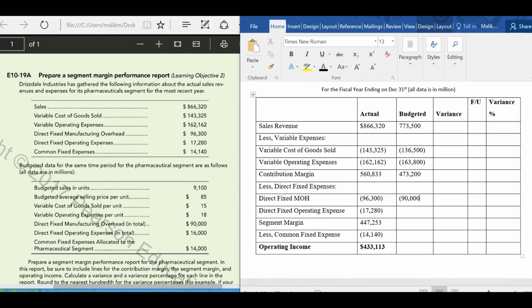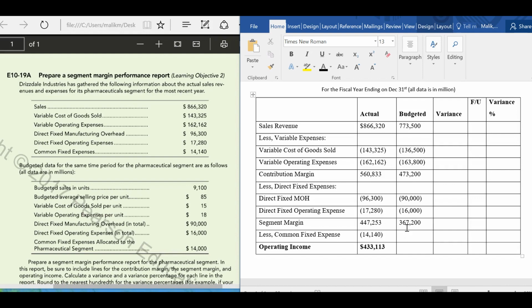Then I will subtract our direct fixed operating expense, and the total budgeted one was 16,000. So if you subtract this 90,000 and 16,000 from this 473,200, I got my budgeted segment margin.